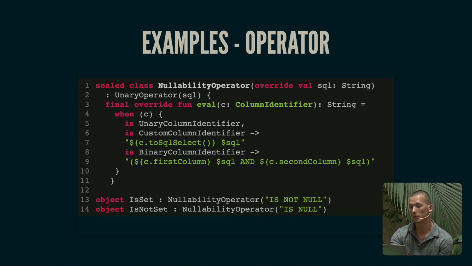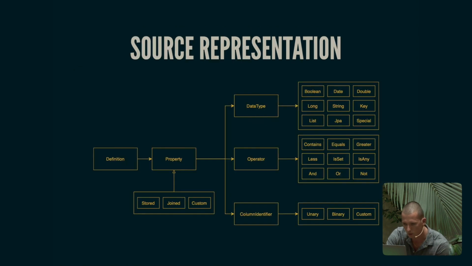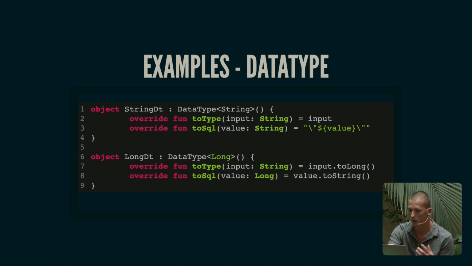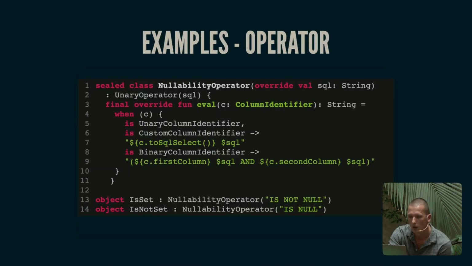That's the main benefit I identified for the sealed class. It's really not a big deal, and we have tons of classes like that. Pretty much all of these have their implementation, but it's really compact.